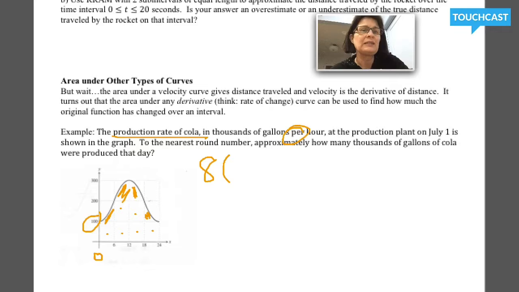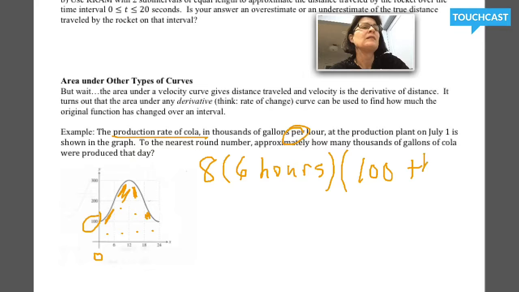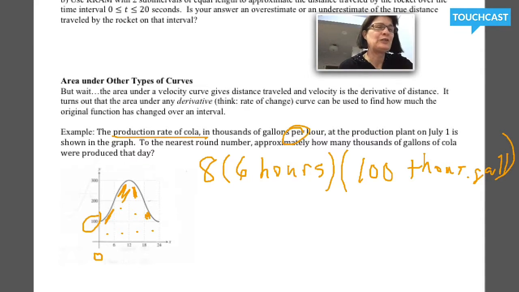Every rectangle is 6 hours wide. And how tall is it? 100 thousands of gallons.